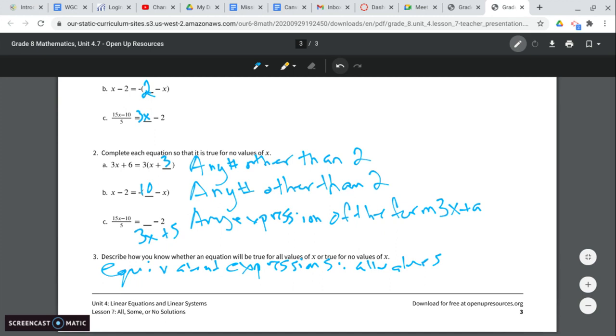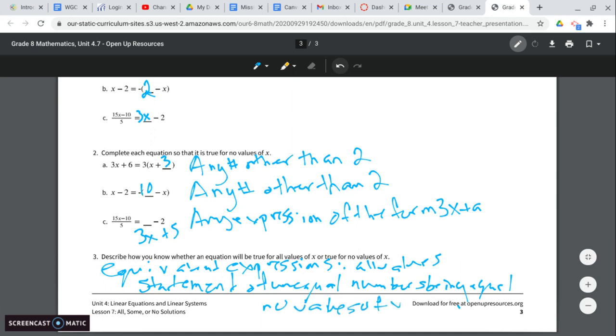So for no values, it's a statement of unequal numbers. So finding that false statement of unequal numbers being equal, no values of x.